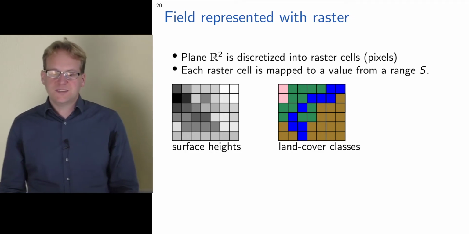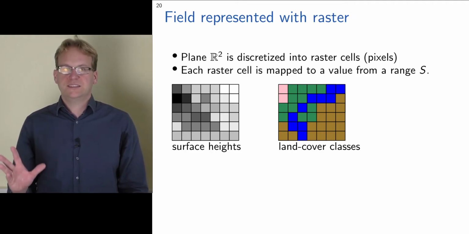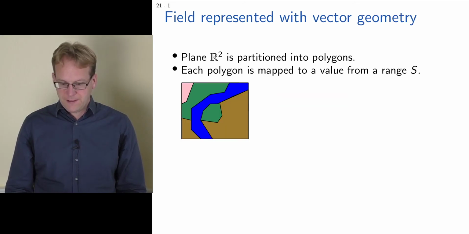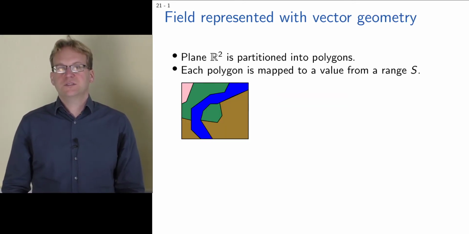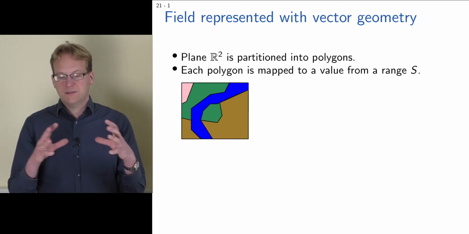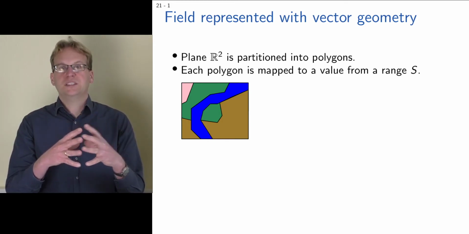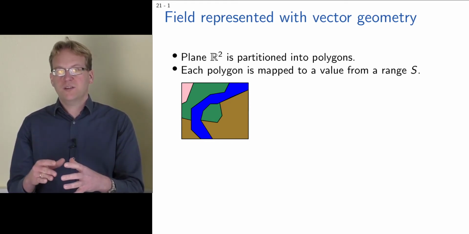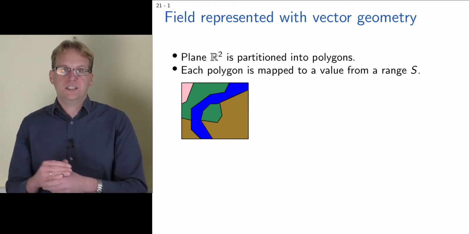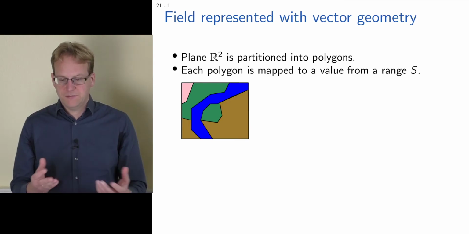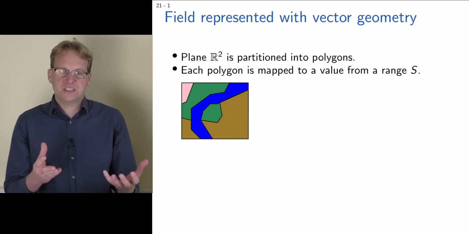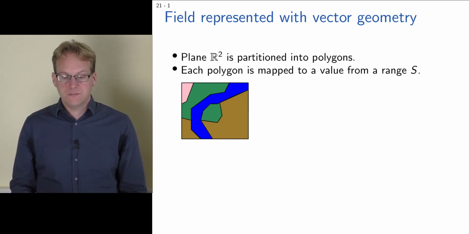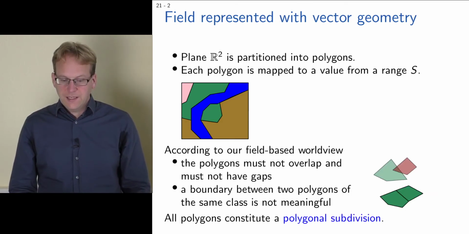How to represent these fields? I already said it's quite natural to do this with raster data. However, you can also use polygons, a planar partition, meaning a partition of the plane into polygons that are not overlapping each other. Actually, the term partition already implies that these objects are not overlapping each other.